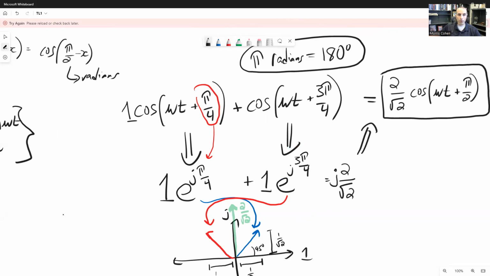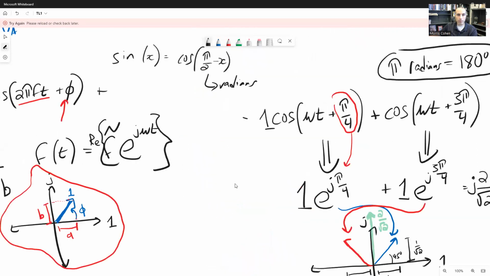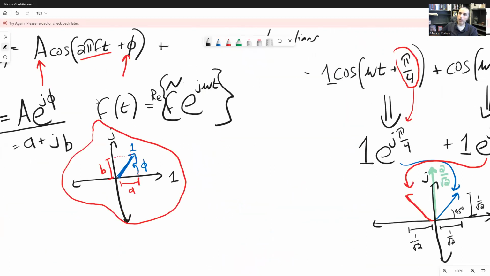All right, I want to say one more thing, which is just to expand a little bit on why the real part of phasor times e to the j omega t works well. And I'm going to say what e to the j omega t is. e to the j omega t is a vector that has length 1. It has length 1, and at t equals 0, it has an angle of 0 degrees.